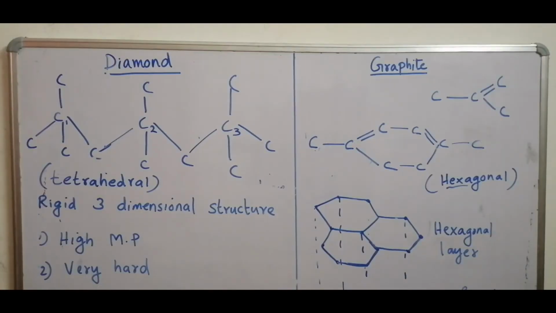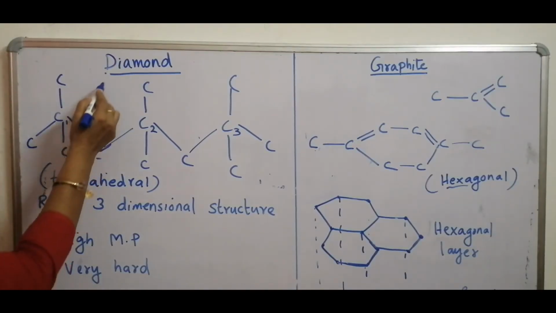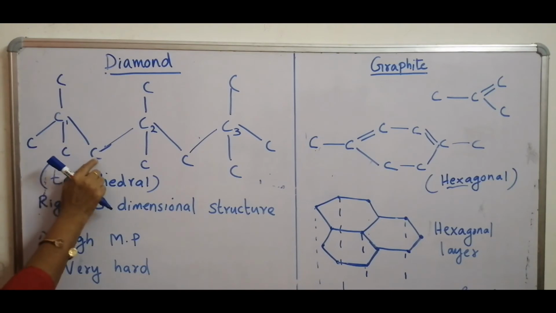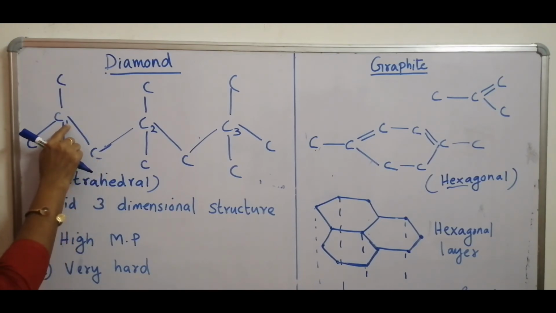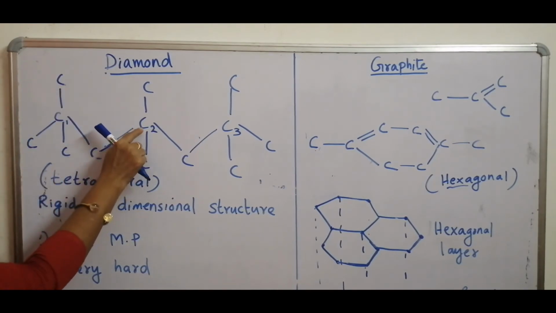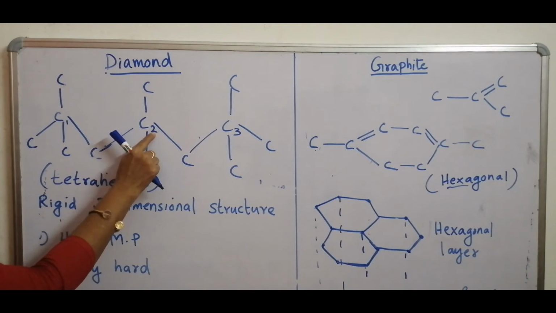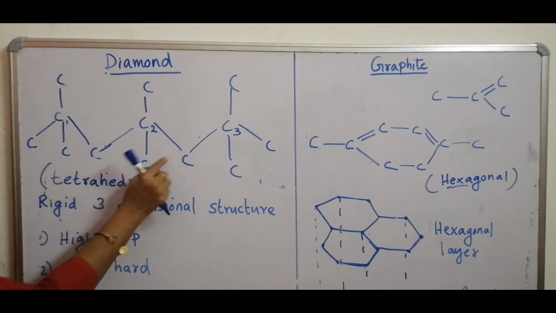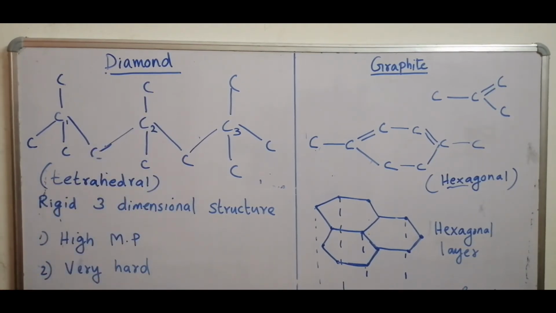In diamond, each carbon atom is bonded to 4 other carbon atoms. Carbon marked 1 is bonded to 4 other carbon atoms, and carbon marked 2 is bonded to 4 other carbon atoms. So it is tetrahedral.